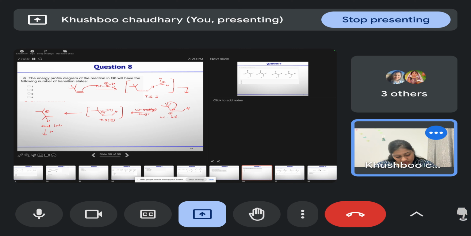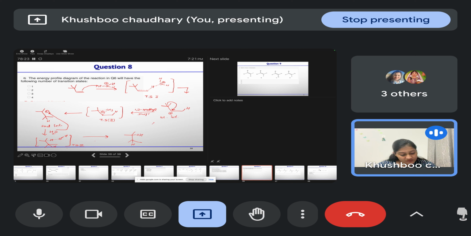Then next, water will approach this carbocation. So the third transition state will look like this. So this is your third transition state. And then the product will form after the removal of that H positive ion.